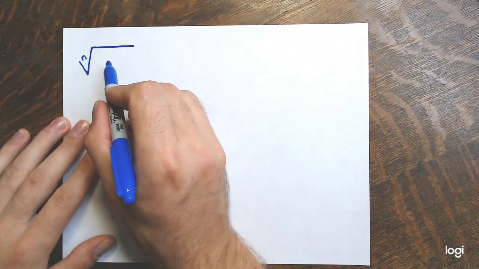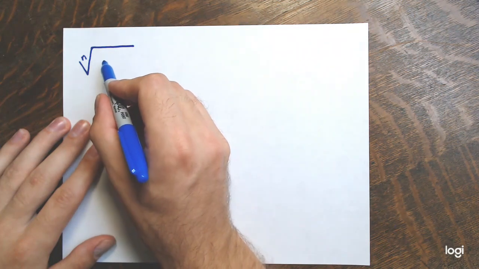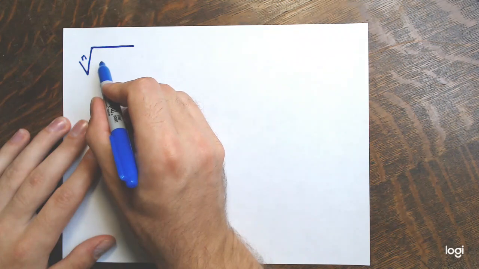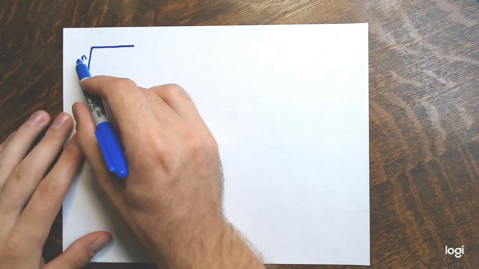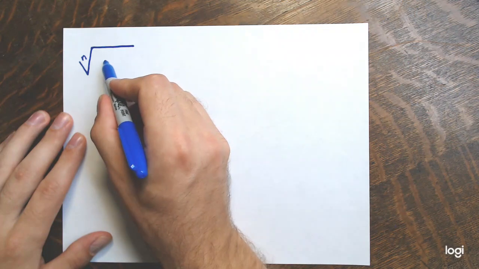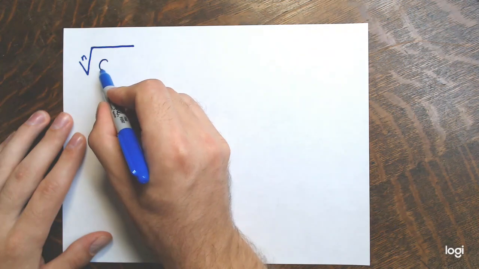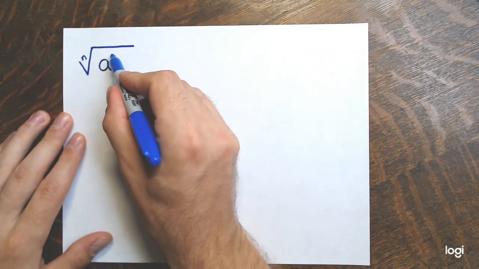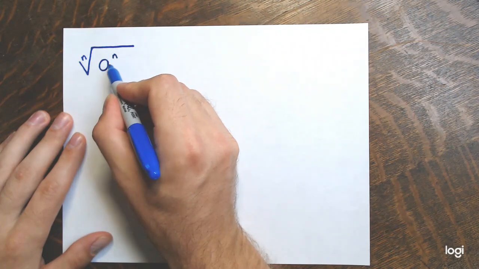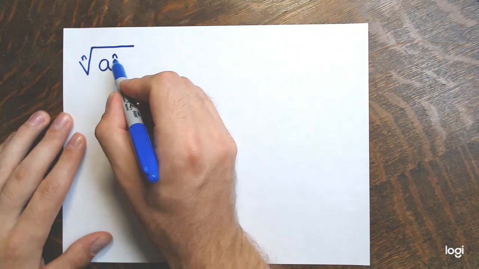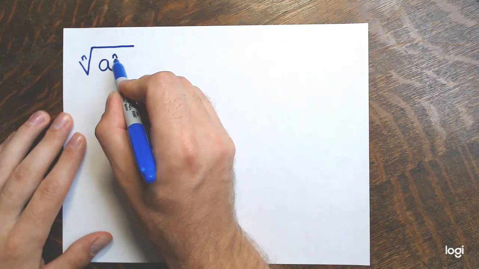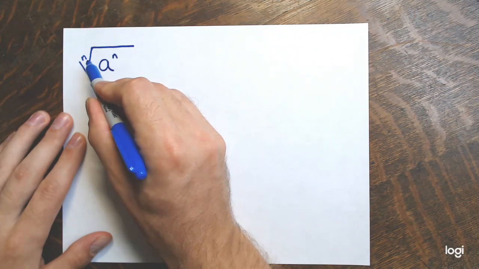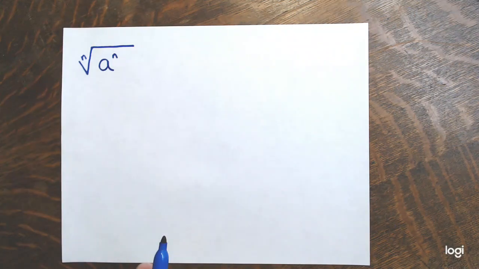I've written all this up in previous videos, so I'm not going to write it all here. And what we're looking at today is the nth root of some expression, some number represented by the letter a, to the nth power, as the radicand. And this nth power, again, is the same number as the index.